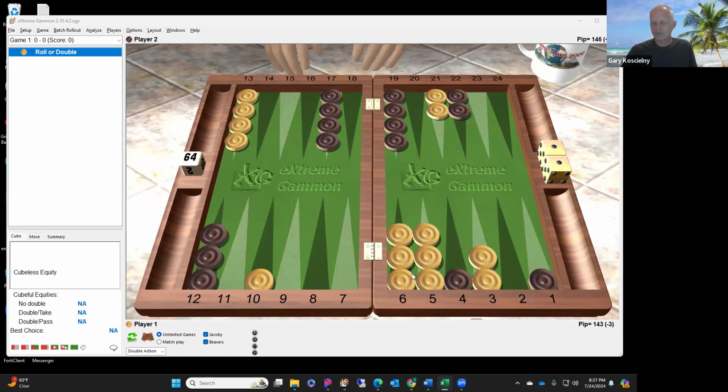But here, black has no priming potential at all because we've got the 4-point anchor, and he's got 2 checkers behind. So black has 0. When black has 0, the fact that we've got at least 1 checker behind our prime and we've got 3 counts as a full priming advantage in terms of conceptualizing this system. So the answer here is that we get 1 for the priming battle.